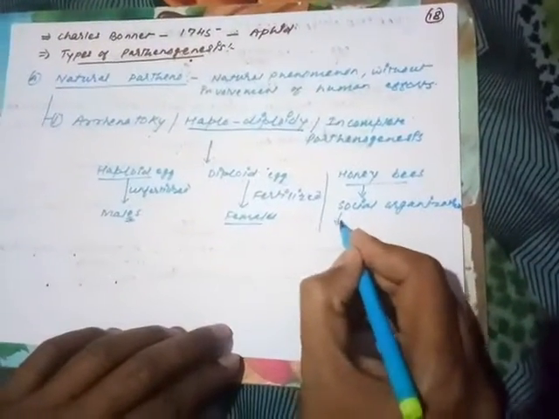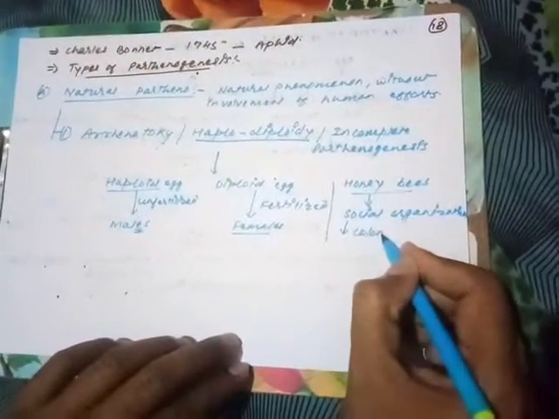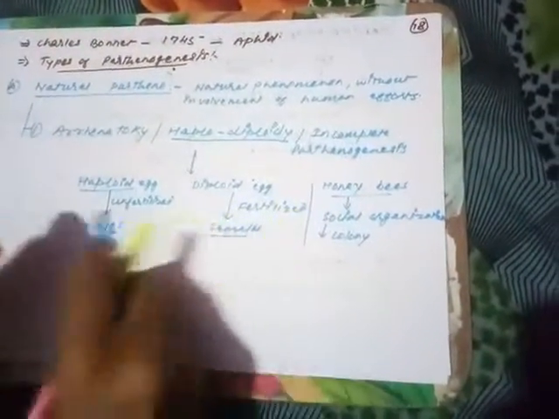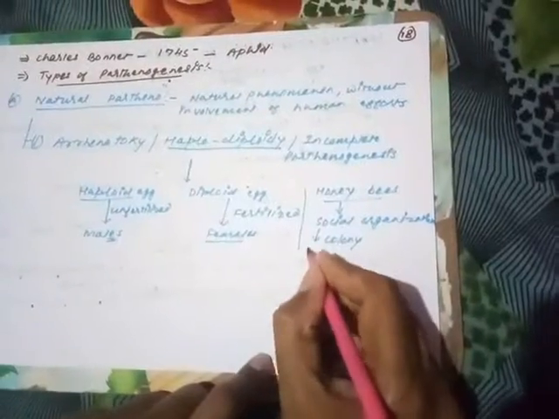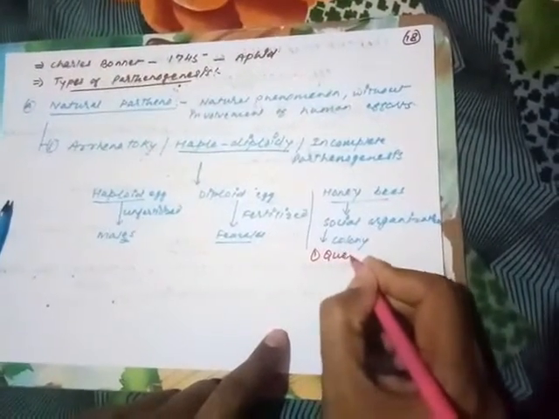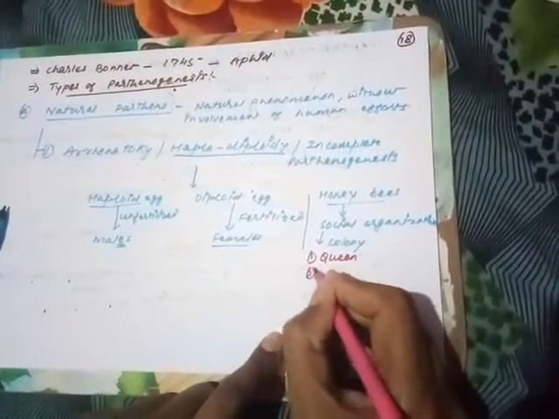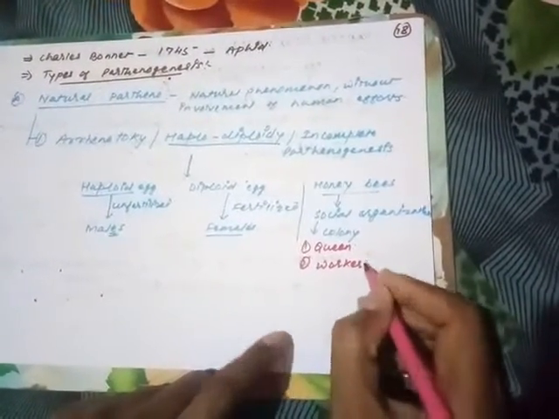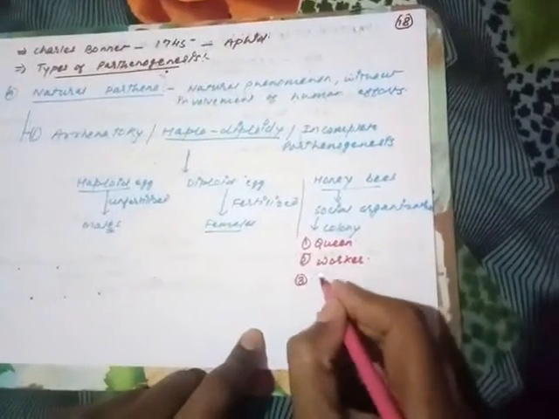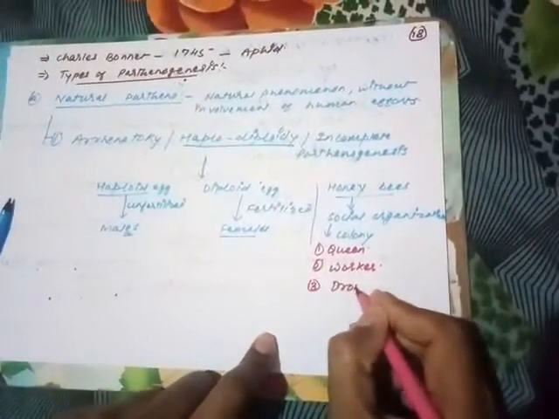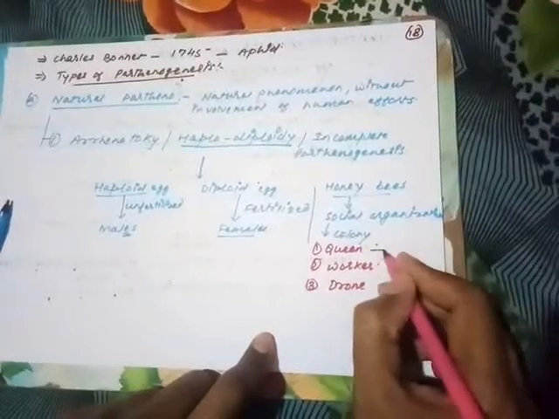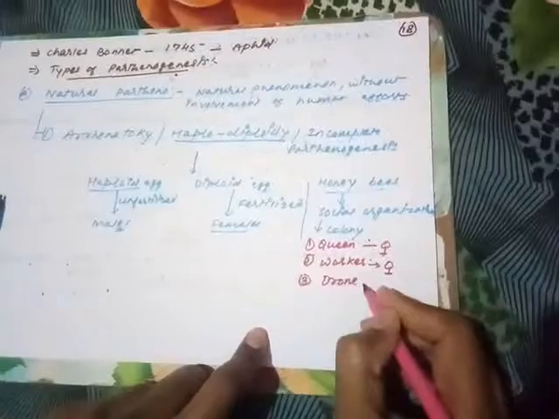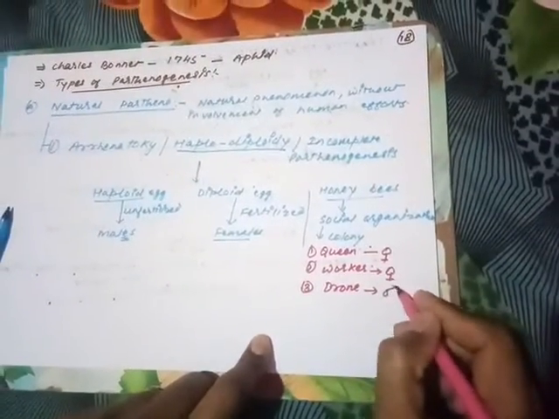In their society, in their colony, three types of organism are there: queen, workers, and king, or we can say drone. Queen is female, worker is female, and drone is male.